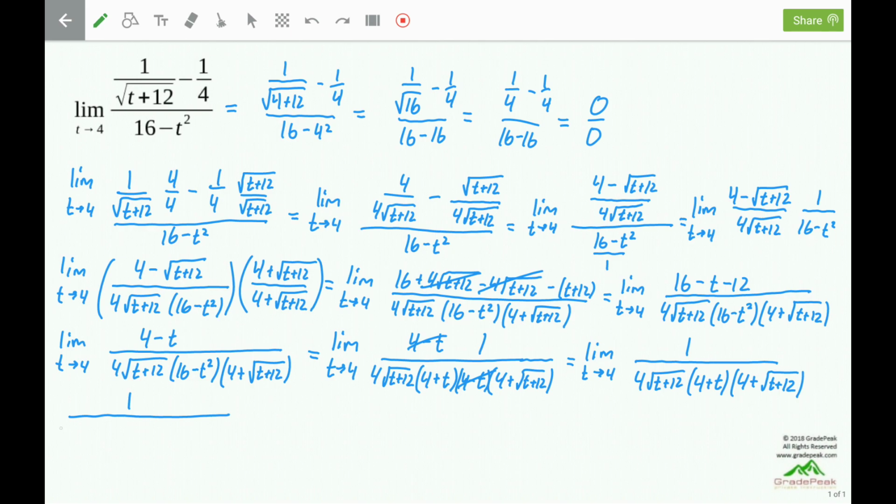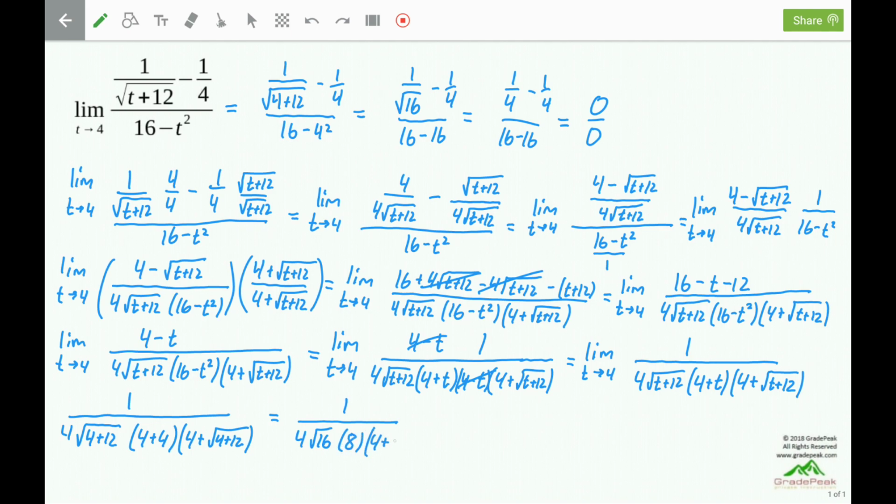So we have 1 divided by 4 times the square root of 4 plus 12 times 4 plus 4 times 4 plus the square root of 4 plus 12. This will give us 1 divided by 4 times root 16 after you add 4 and 12. 4 plus 4 is an 8.